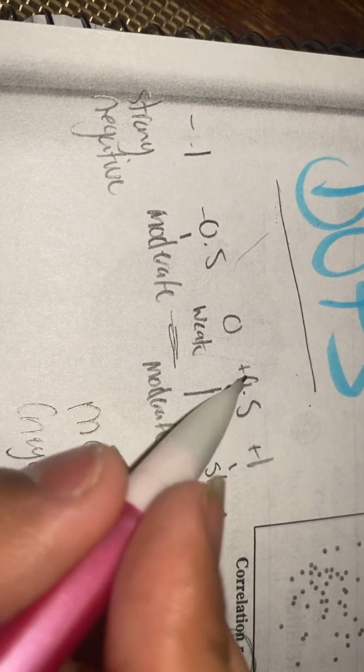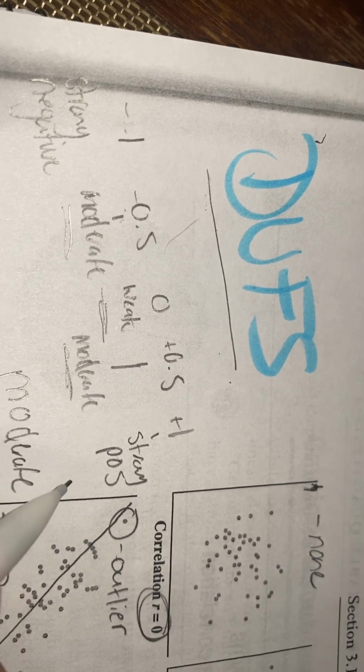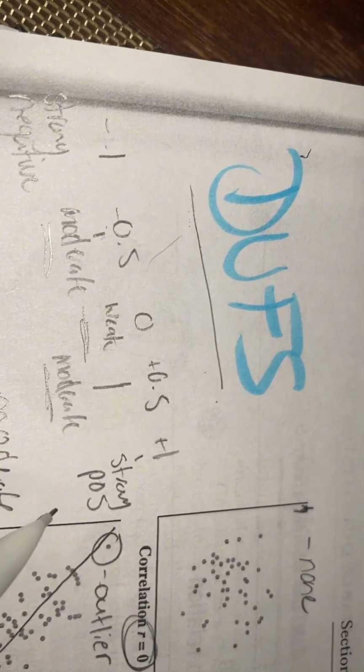You see, the closer we are to the 0, the weaker it is. If we're a little far away from 0, either positive or negative, that would be considered moderate. And for the last graph I just did, which was the 0.9, we could say that we're strong positive, right? Because we're close to the 1, but we're a little far away from moderate.